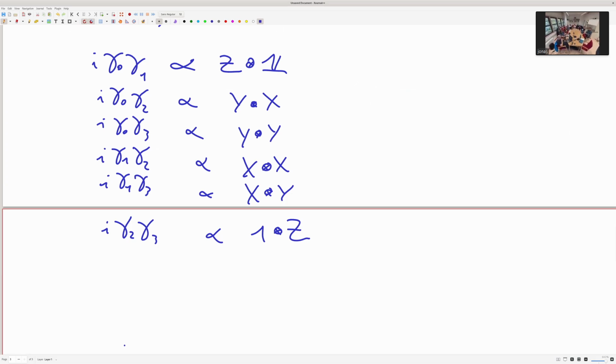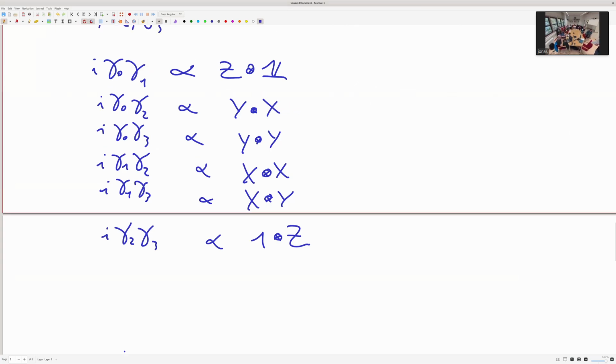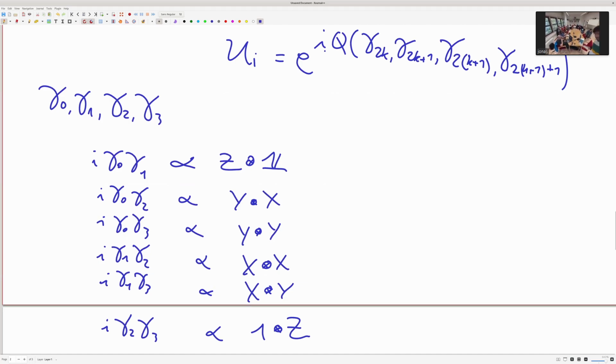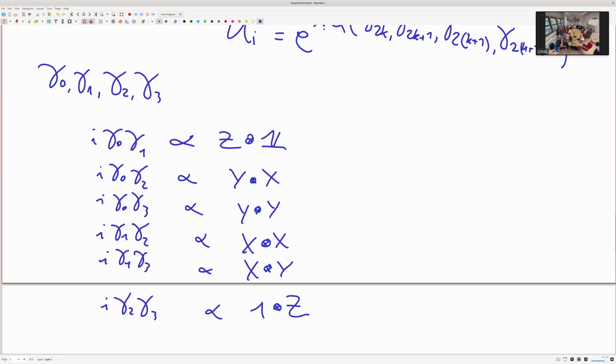You can sit down and do the computation. You see that these are the only operators that you get out. And if you now consider that this Q is basically any linear combination of these 6 objects, you can try to write out explicitly these matrices in the computational basis of 2 qubits, and you will find a big matrix that I will try to sketch.